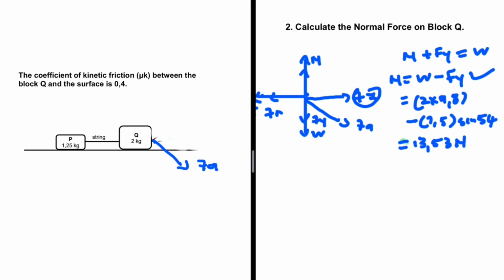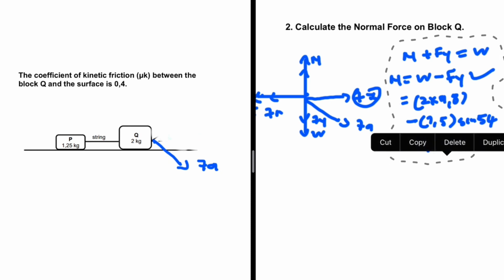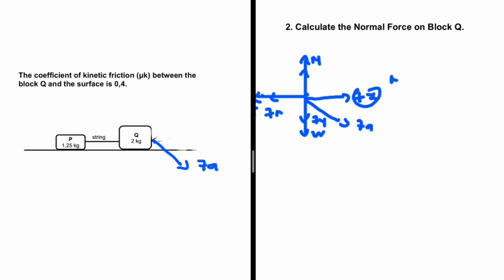So let me get rid of this. If F of y is pointing down, then we can say that the normal force is equal to the weight plus the y component of the applied force. So now in a case like this, you just say the normal force is equal to the weight plus the y component of the applied force.